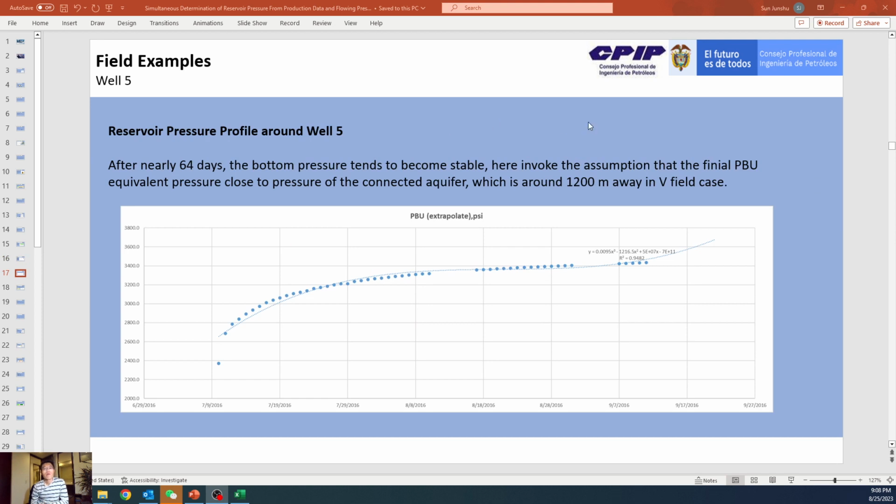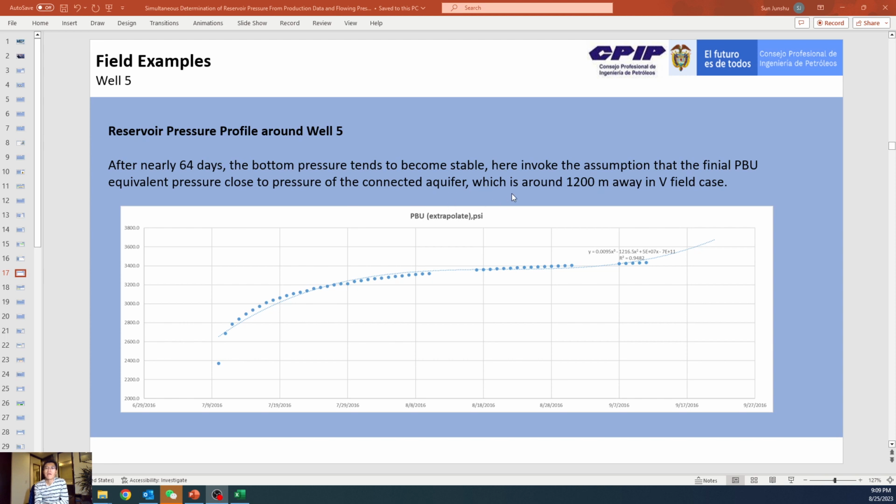Reservoir pressure profiles around well 5. After nearly 64 days, the bottom pressure tends to become stable. Here, we invoke the assumption that the final build-up pressure is close to the pressure of the connected aquifer.